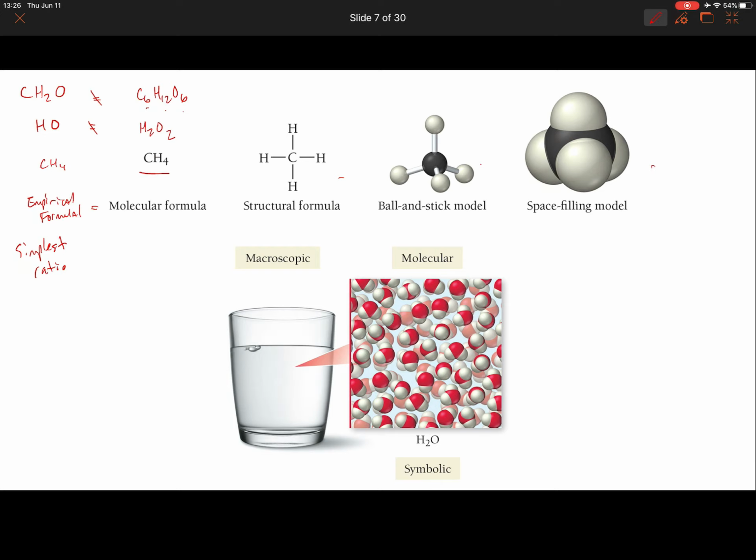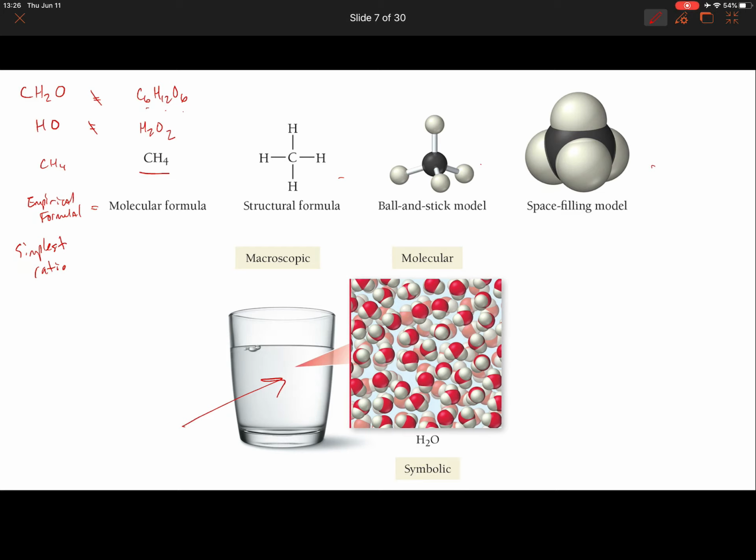And so, images like this make the connection between the world around us and the world of atoms and molecules. So the macroscopic world that we see and the atomic molecular world, the one that's particles that compose matter, and the symbolic way that chemists represent the atomic and the molecular world is with all of these together.